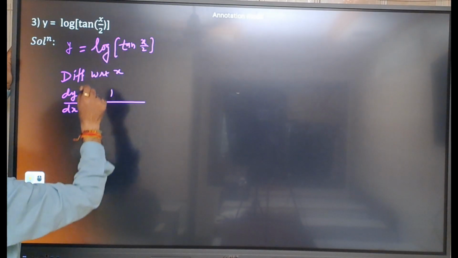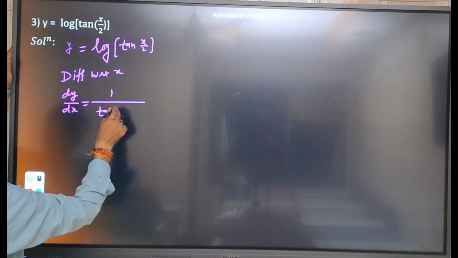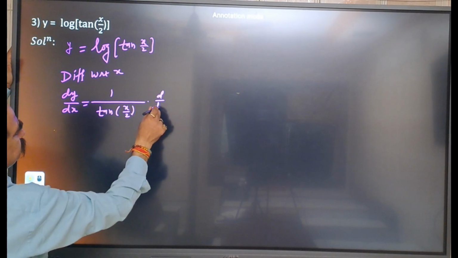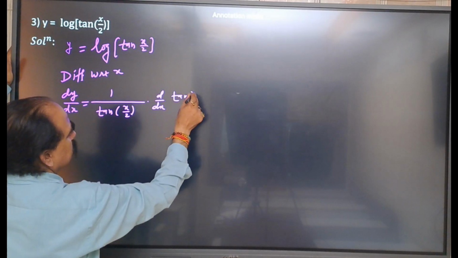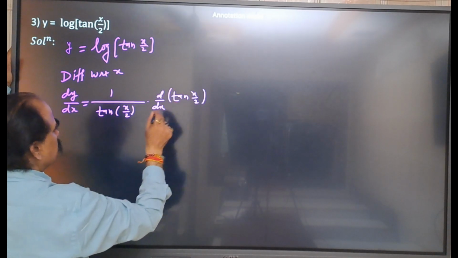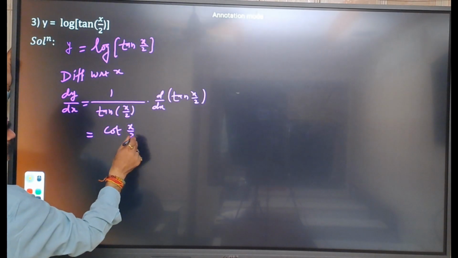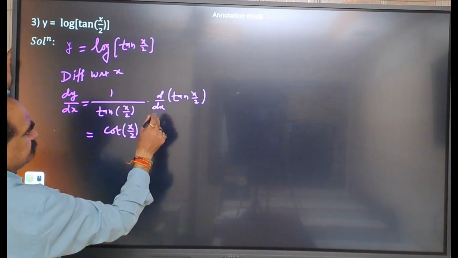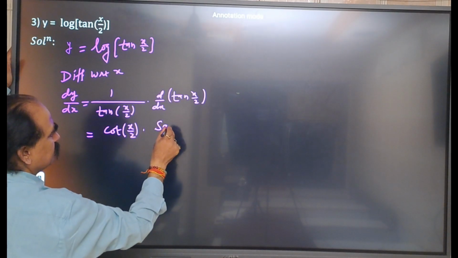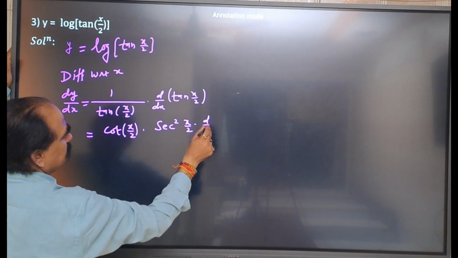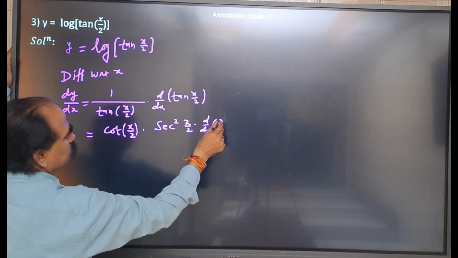Derivative of log is what? 1 upon inside function tan (x by 2), into d by dx of log के जो अंदर है tan (x by 2). 1 upon tan is what? Cot. Derivative of tan is sec square into derivative of x by 2.